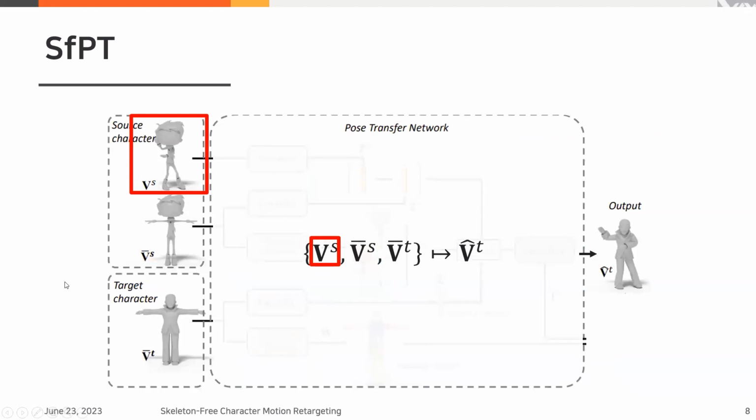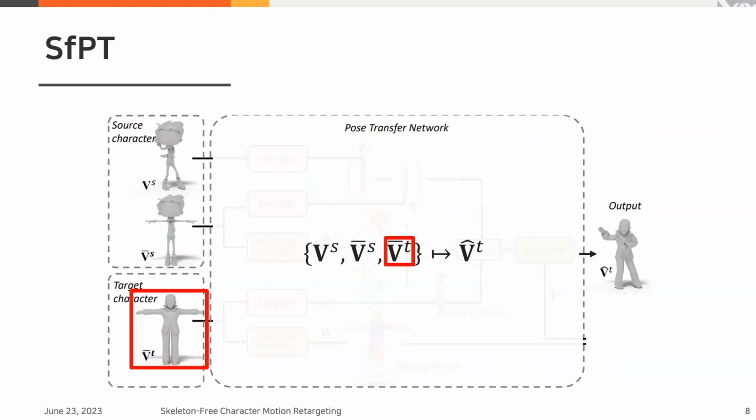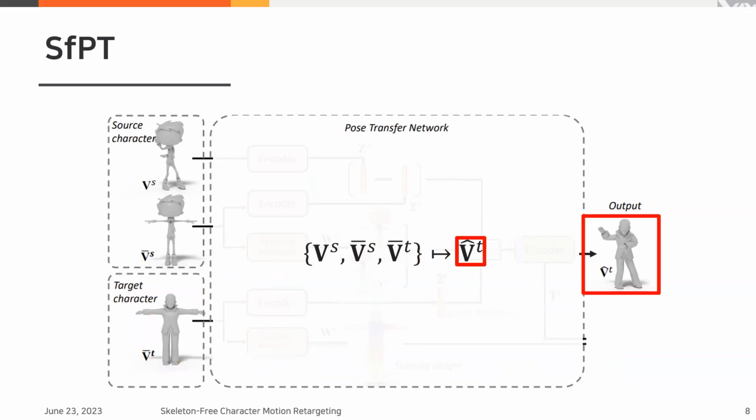The more detailed inputs and outputs are as follows. Given 3 inputs, source mesh with the desired pose, source mesh in rest pose, and target mesh in rest pose, the pose transfer network estimates the target mesh deformed to a new pose which matches the input source pose.